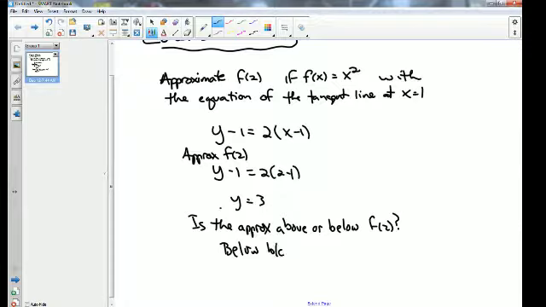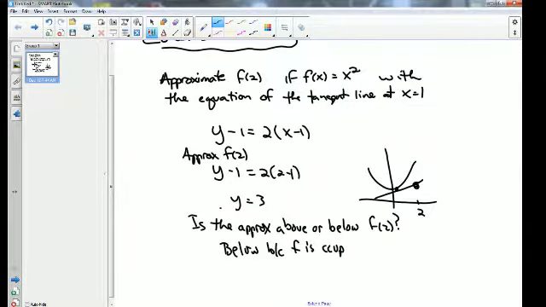Below because f is concave up. Correct, right? So you have your parabola, your approximation is going to be out there. So this would be 2 on the x-axis, right? All that still applies. All right, so you good with that?